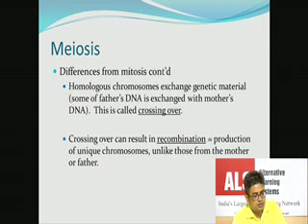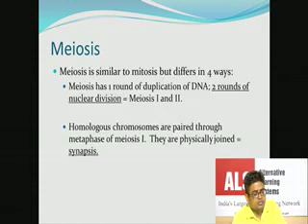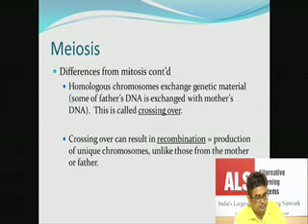Okay. So there are some differences between meiosis and mitosis. Meiosis has one round of duplication of DNA and two rounds of nuclear division. But in mitosis, one round of DNA duplication, one round of nuclear division. In meiosis, homologous chromosomes are paired. In mitosis, this does not happen.